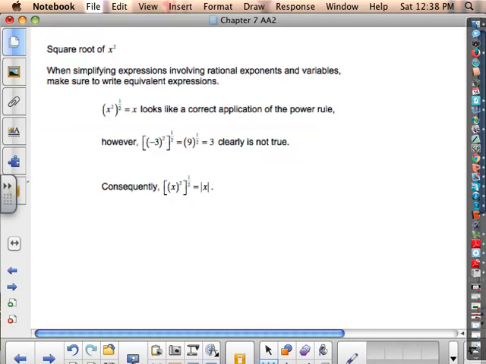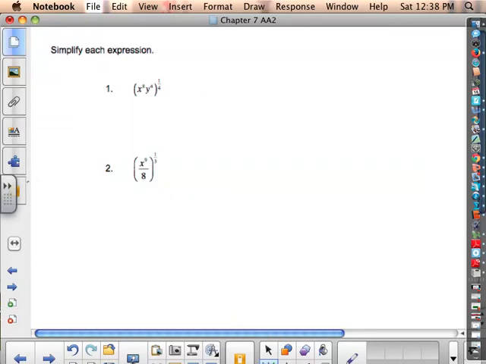We'll talk more about this in class, I'm sure, because it can be just a little bit confusing. So if I'm simplifying each of these expressions, I have x to the 8th and x to the 4th.